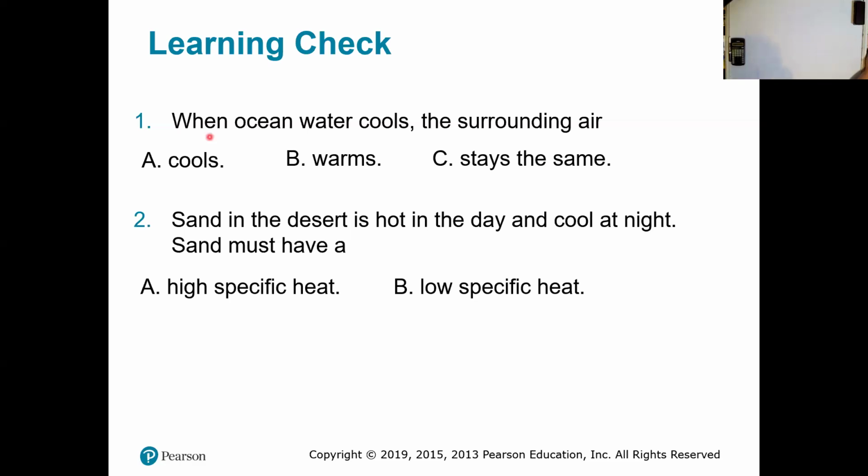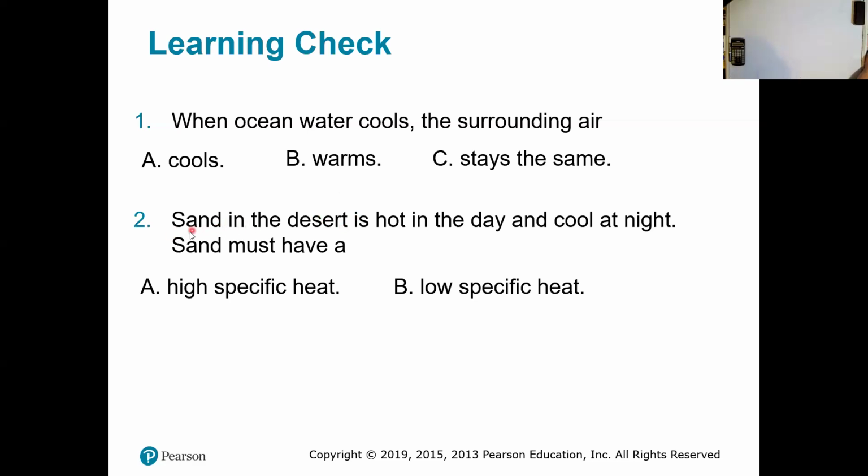If the temperature of your water is getting cooler, then that heat has to be going somewhere, right? So as your water decreases in temperature, that means that it's going to be releasing heat into your surroundings. So the air around it would warm up a little bit.